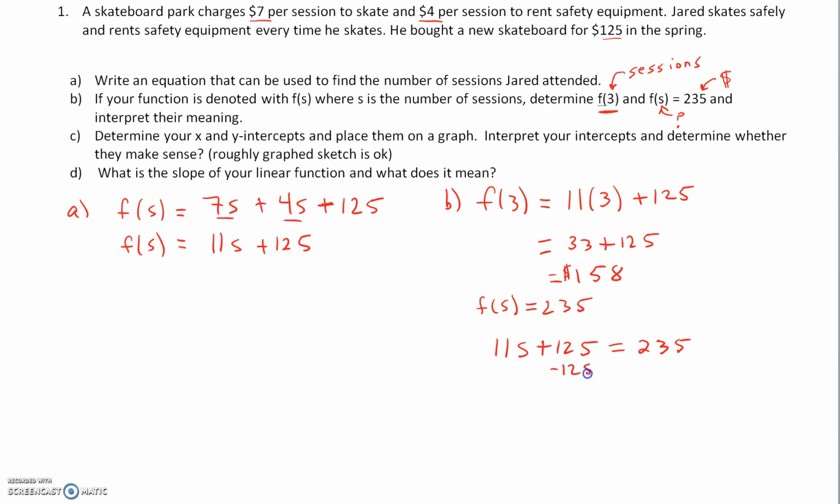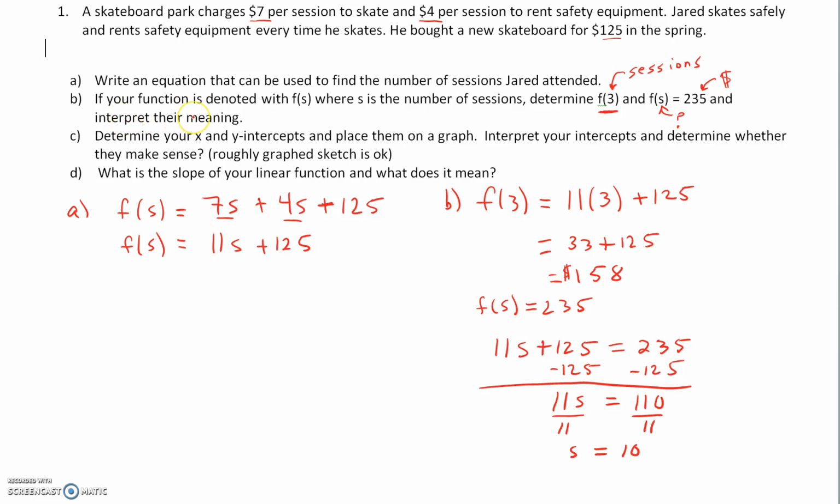So subtracting 125 from both sides is going to be the first step in solving my linear equation. And I'm left with 11s on the left side. And on the right side, we're going to have 110. So undo my multiplication by dividing by 11. We get s equals 10. So I can interpret that now as it has cost $235 for 10 skate sessions.